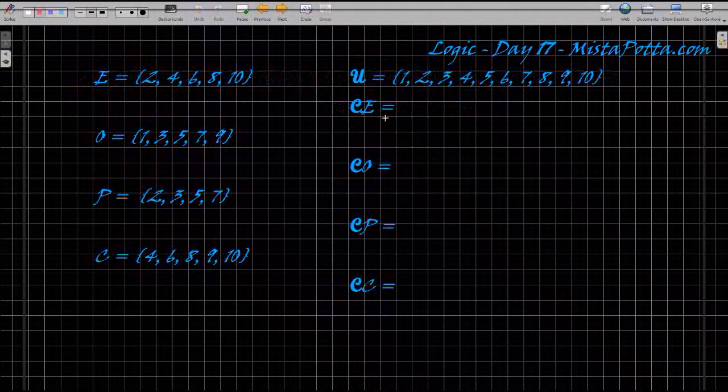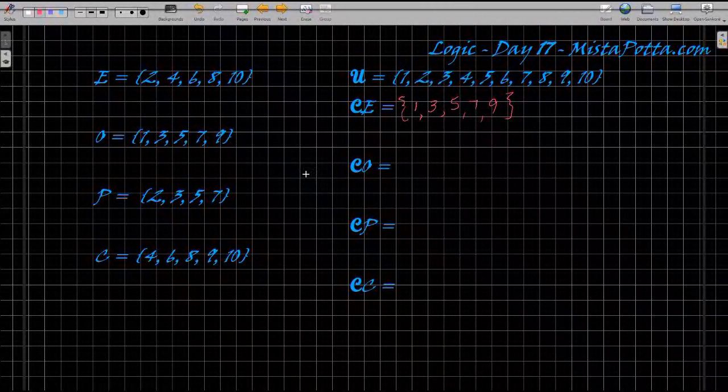So, if I want to know what's not in E, I'm going to take a look at my universe and see what's not in set E. Well, 1 is not in set E. Neither is 3. Neither is 5, nor 7, nor 9.